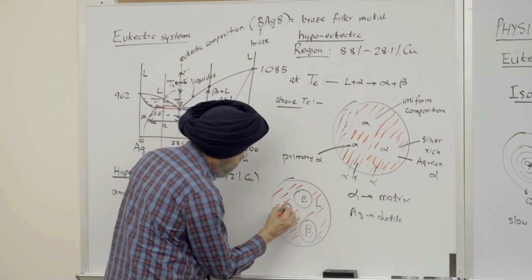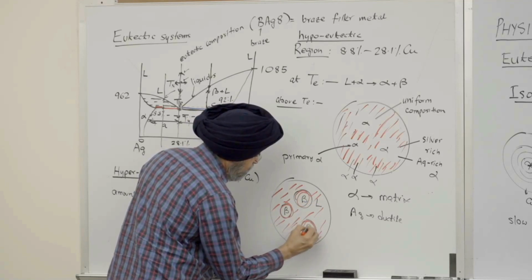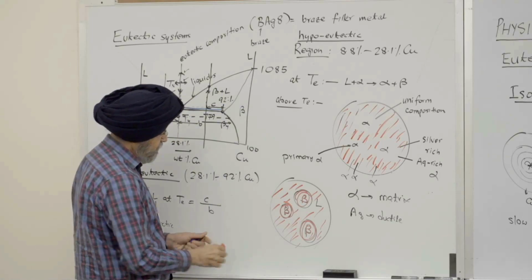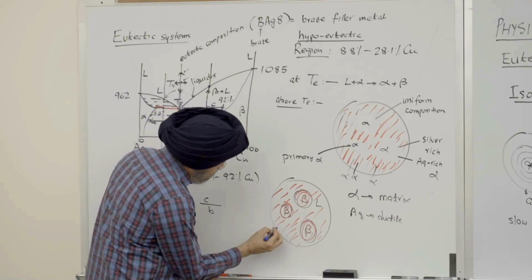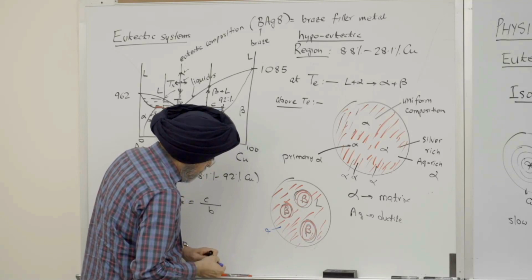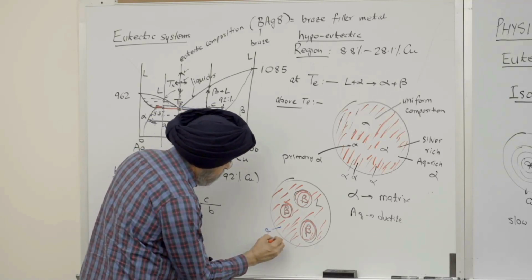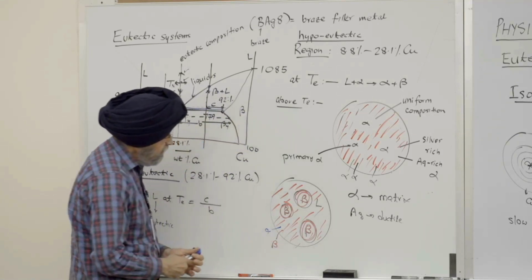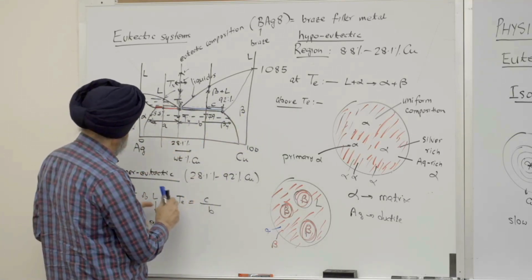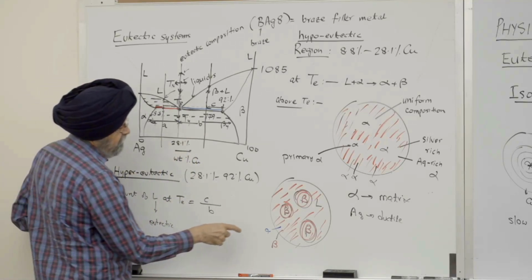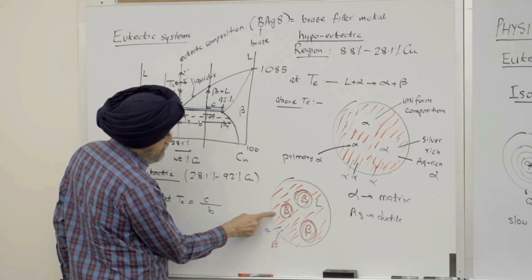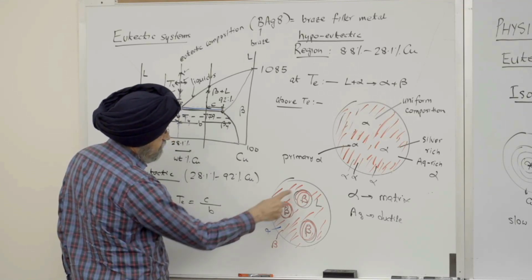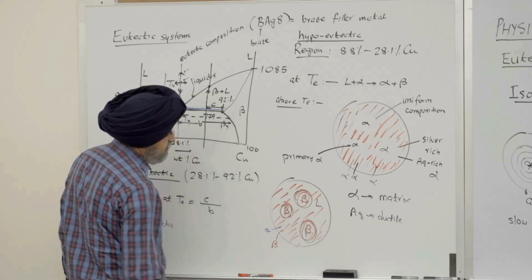So I should draw this red, because this beta is copper rich. And this region in here is alpha, and these lines I've drawn, they are beta. Notice that even on the hypereutectic side, the matrix is the silver-rich alpha, and these particles are beta.